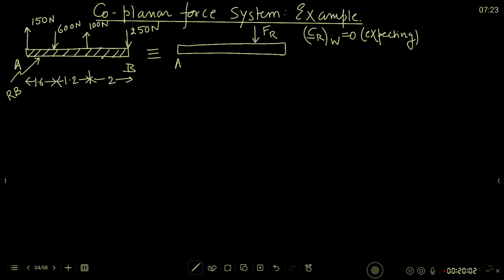My claim is that, let's call this point W. I am putting XR, putting FR, and let's call this distance from A to B XR. Now, if the right hand force system has to be equivalent, let's call it FS1 and this is FS2, force system 1, force system 2. If these two have to be equivalent, there are two conditions to be imposed.